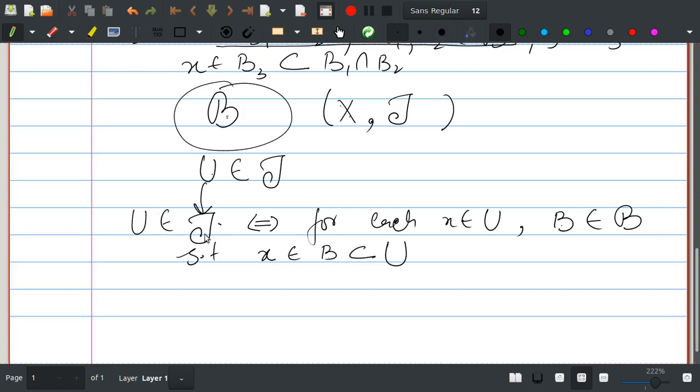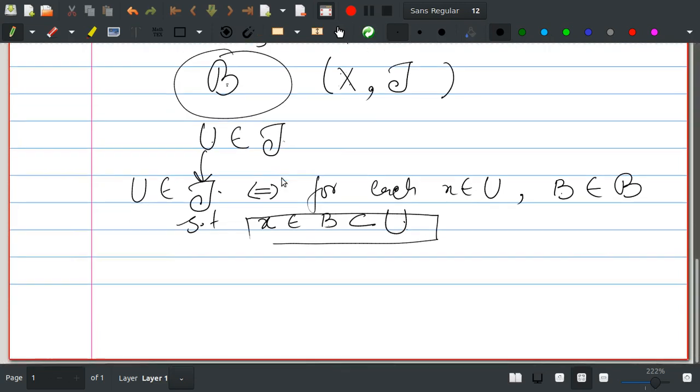So if this U satisfies this expression here, then we call U an open set of X, or equivalently we say this U is in this collection. I mean we say U is in this topology. Now there is again this observation that every basic element B is in the topology.